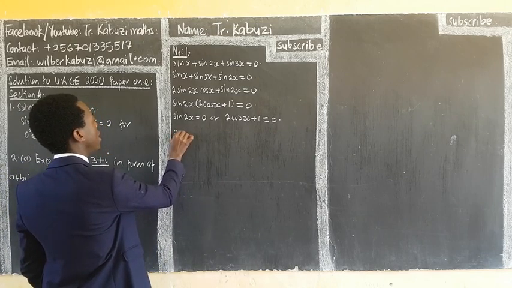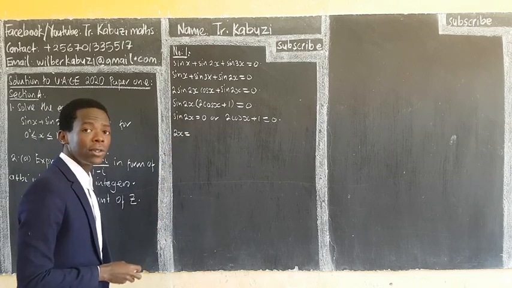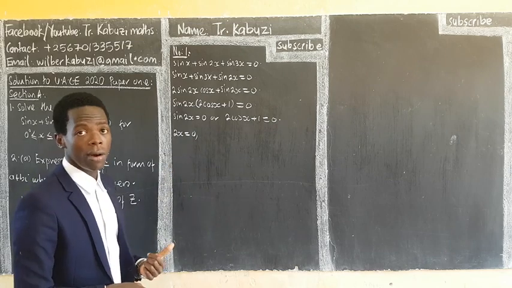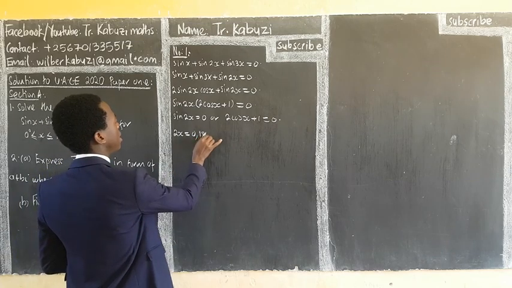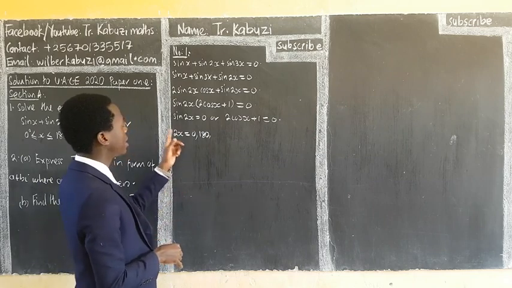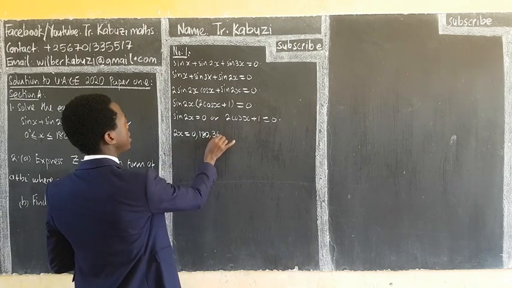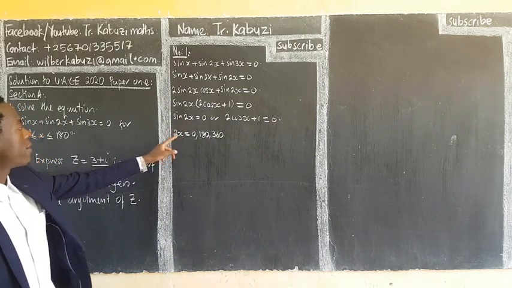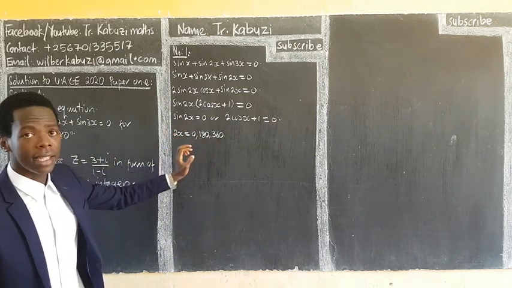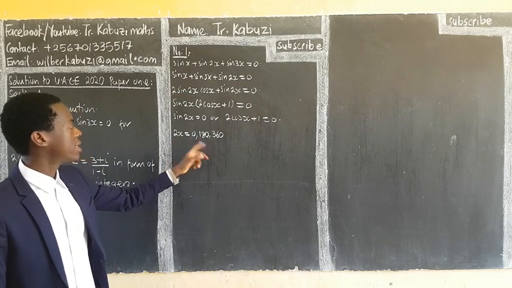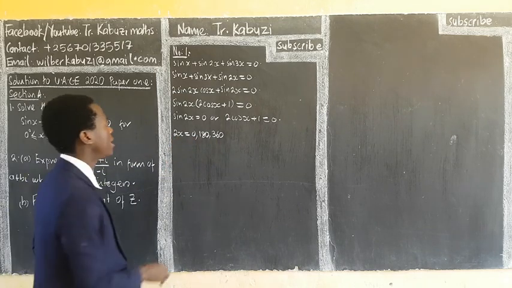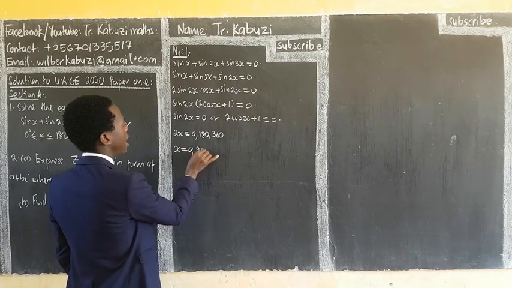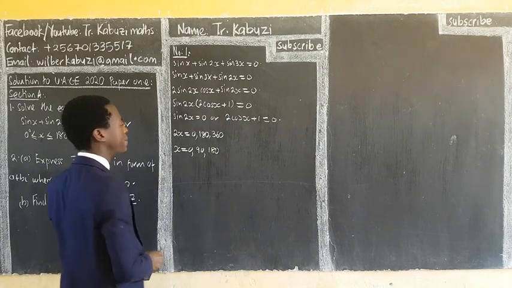So my 2x here will be sine inverse of 0, which is 0, comma, another one is going to be 180, then another one is going to be 360. Because I multiplied the range by 2, that's why for 2x I'm including 360. Sine of all these angles is going to be 0. So after dividing by 2, our x becomes 0, 90, 180.